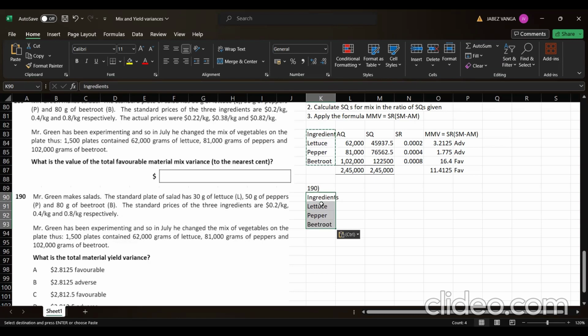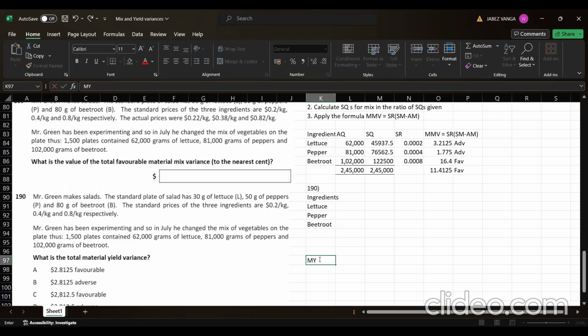Now we are going to apply the second formula. The second formula of material yield variance is equal to standard rate into standard yield minus actual yield.